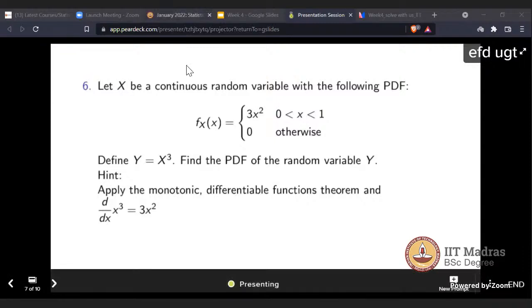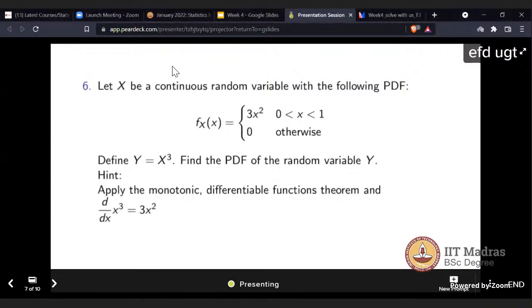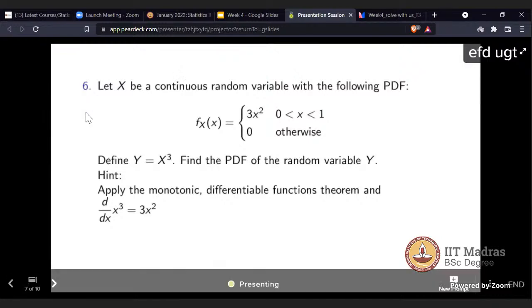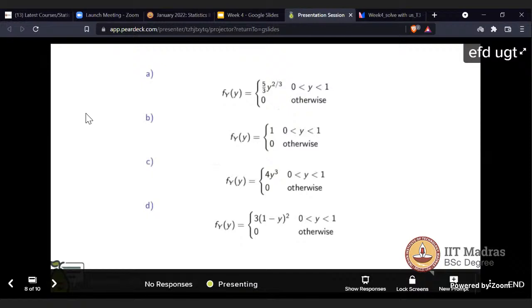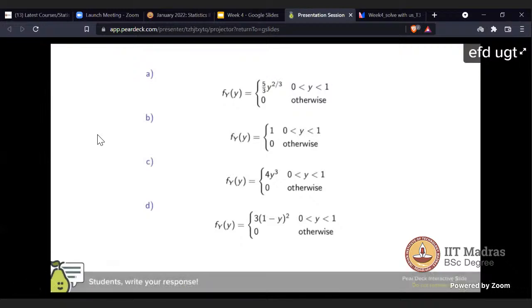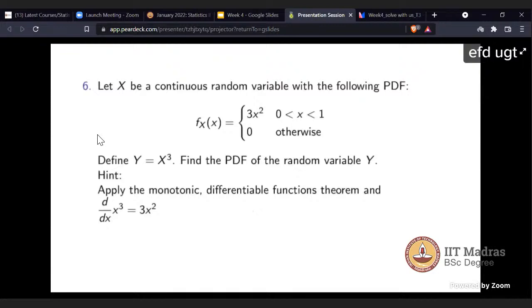Can you show us the options? Yes. Have all of you written the question? Please write the question. These are the options you will get. First, I will stay on the question part.